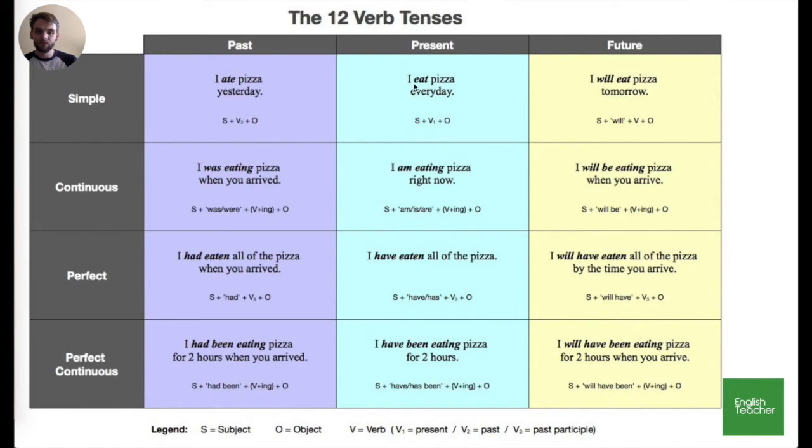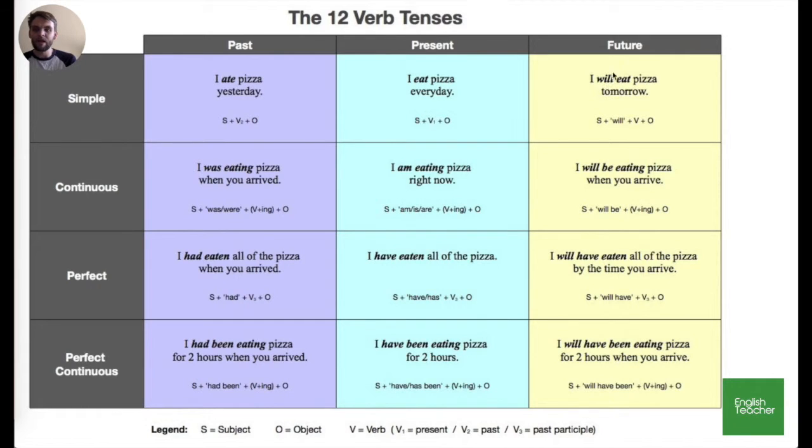Present simple, I eat pizza every day. So here we have the subject, I, the V1, eat, and the object, pizza. Okay, moving on. The future simple, I will eat pizza tomorrow. In the future, we use the word will to say we're talking in the future.